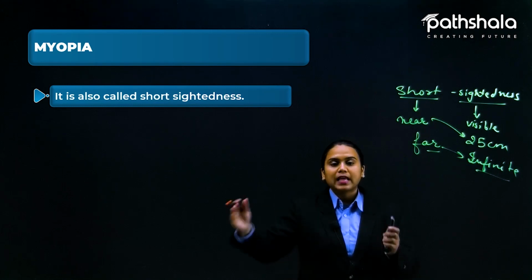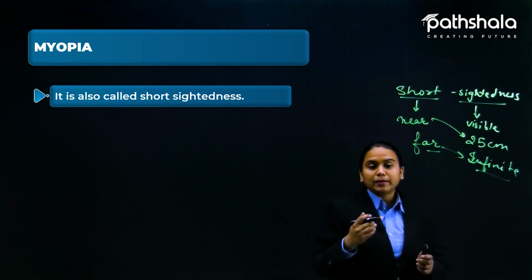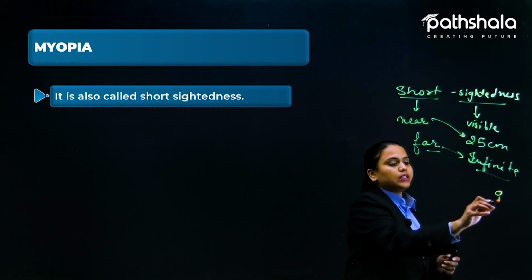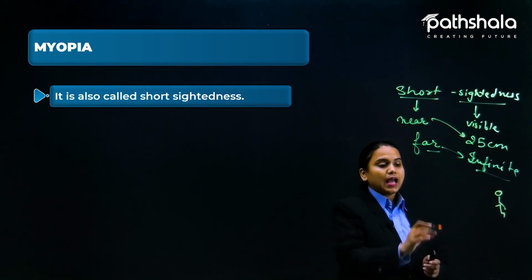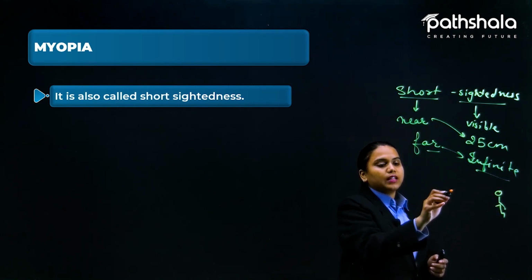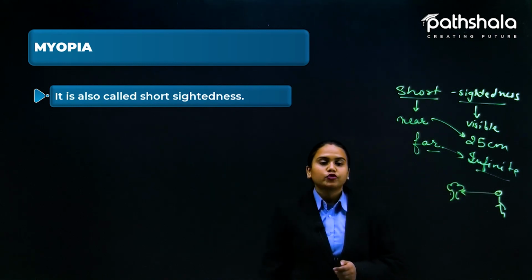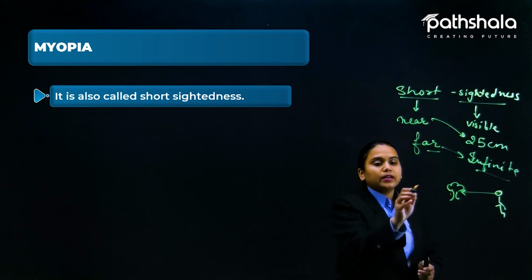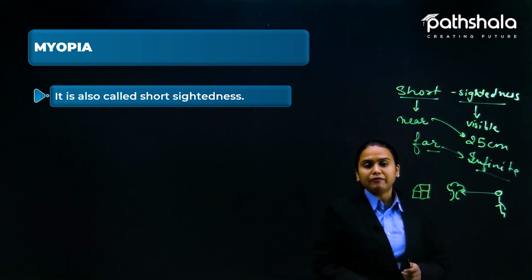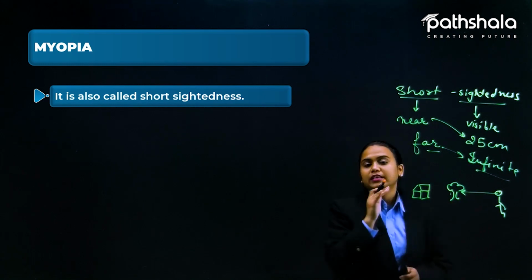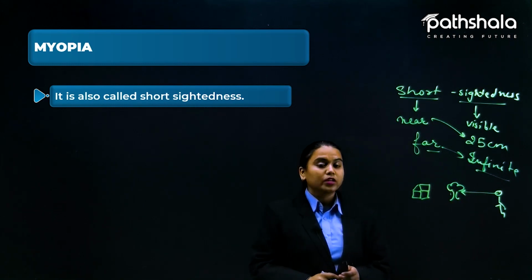What difference does that make? Let me tell you one thing. Let's suppose here is a person that is standing and here is the object, like a tree. This person is able to see that tree from there. But a little far from that tree, we have a house, and that person is not able to see that house clearly.